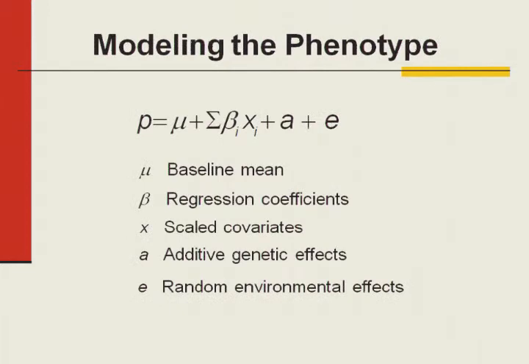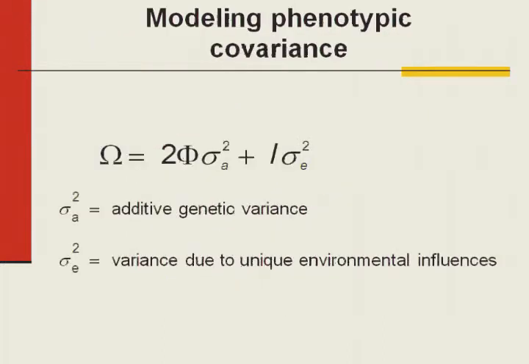The way we do it is through a very simple model where we're modeling each person's phenotype as a function of the overall mean in the sample, measured covariates that we're allowing for differences in the trait mean, and then the additive genetic and environmental effects, which we're going to model through random effects on the trait variance. So we have fixed effects on the trait mean and random effects on the variance.